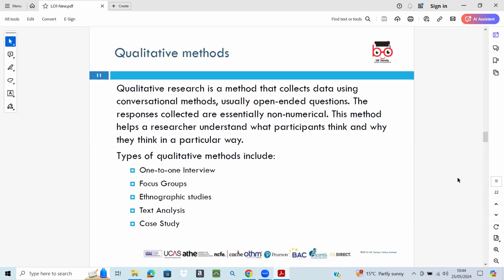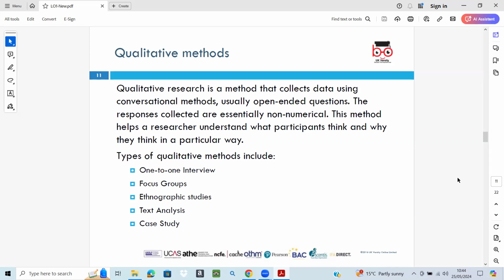For qualitative research, we can say that qualitative research is a methodology that focuses on exploring participant perspectives, experiences, and behaviors in depth. This approach prioritizes understanding the context and meaning behind the data collected rather than numerical measurement.